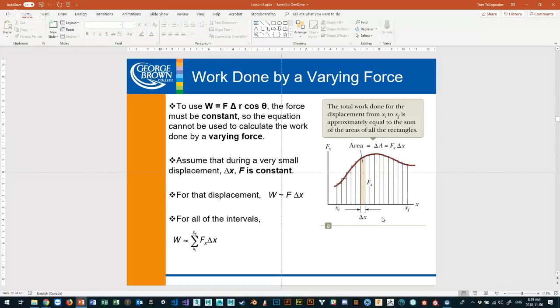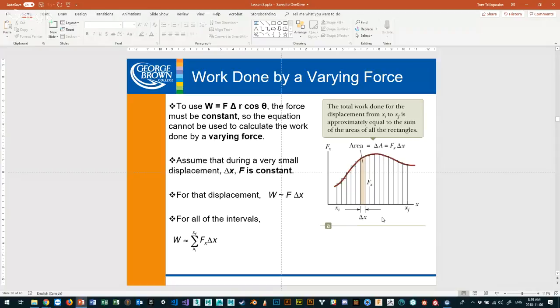All right, so work done by a varying force. Sometimes what happens is you have a force that is not constant. So we don't have a constant force, right? And the work equation up above cannot be used to calculate something with a varying force, all right?